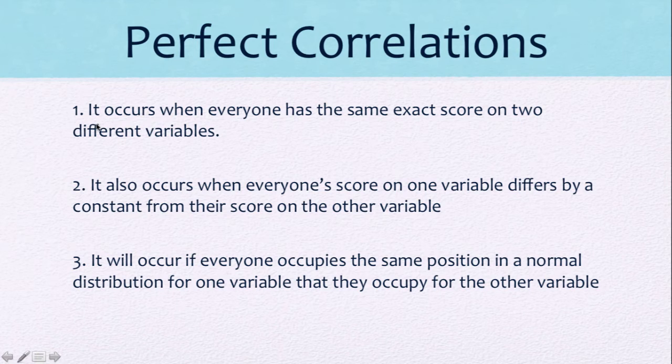The first way is that it occurs when everyone has the same exact score on two different variables, right? So let's say we want to look at the relationship between GPA at the beginning of a semester and GPA at the end of a semester. Of course, we know if we're looking at the same semester, your GPA isn't going to shift.